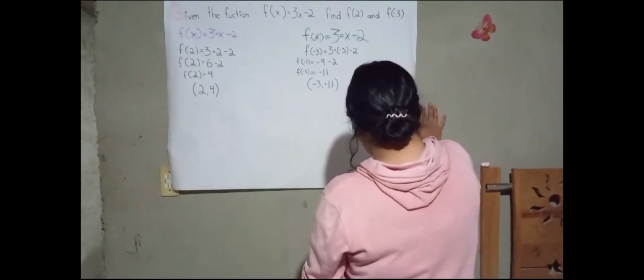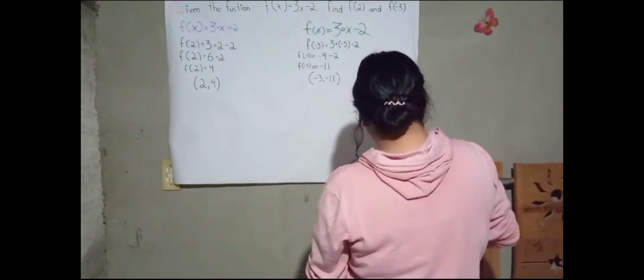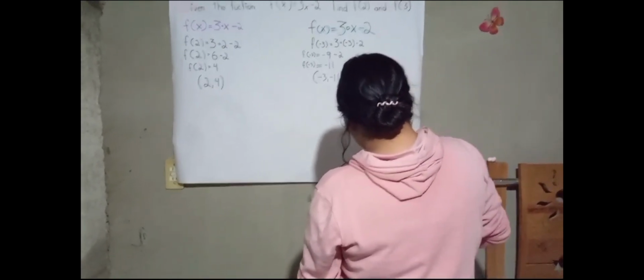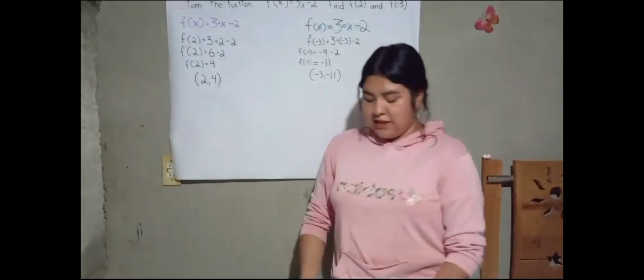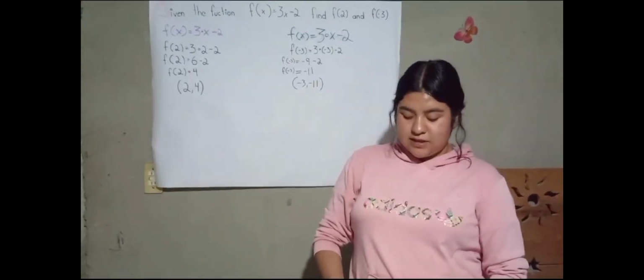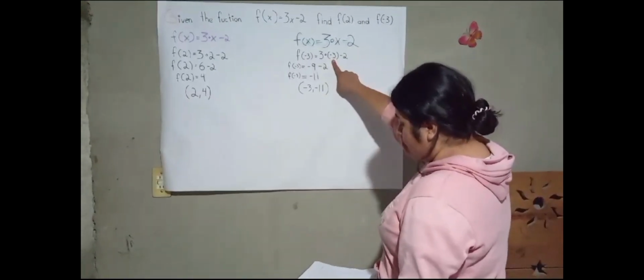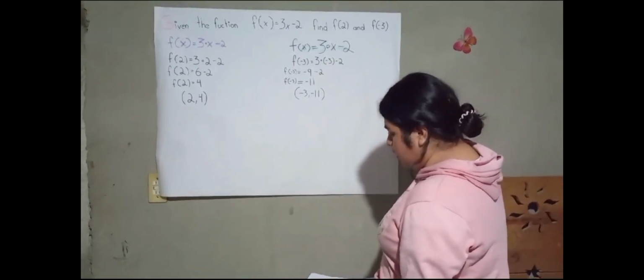We write the function and substitute the x by minus 3. The minus 3 is placed in parentheses. The rest of the function stays the same.